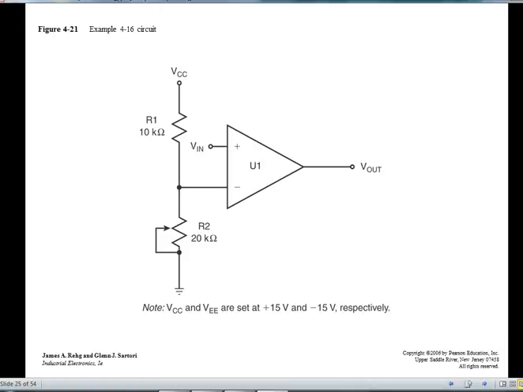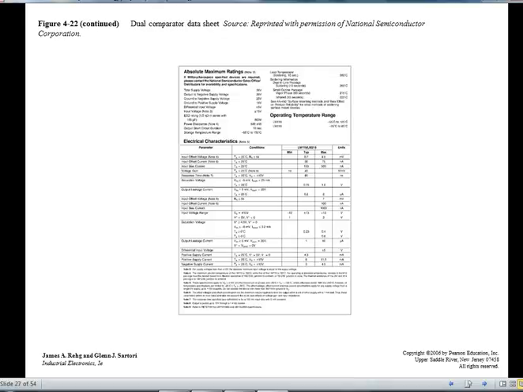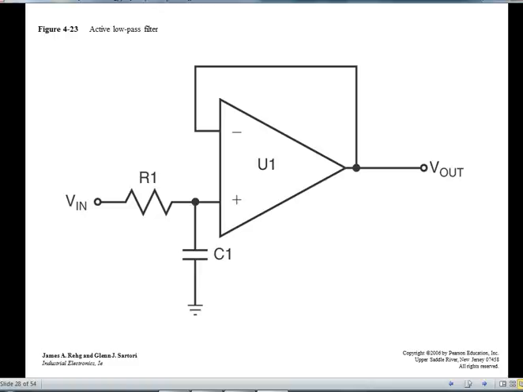So I got a variable guy. Now I can set my reference point. So I want to count 13 bottles of beer, or do I want to count 10? High-speed dual comparator. So yes, I can buy one, or buy a data sheet.